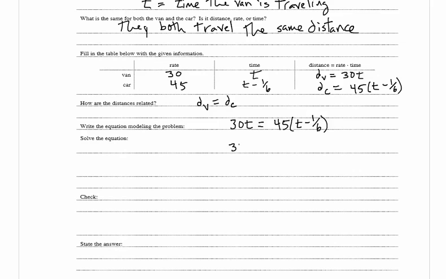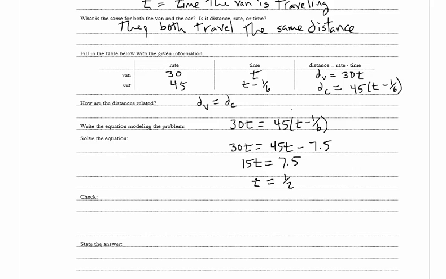So I have 30t is equal to 45t, and minus 45 times 1/6 is 7.5. And now I'm going to subtract 30t from both sides and add 7.5 to both sides. So I get 15t is equal to 7.5. And now we're going to divide both sides by 15, and we get t is equal to 1/2.